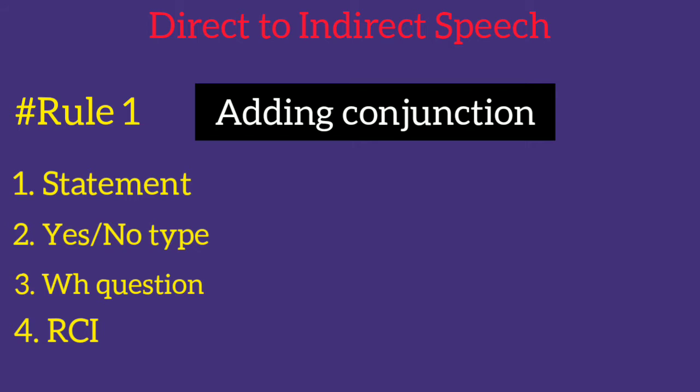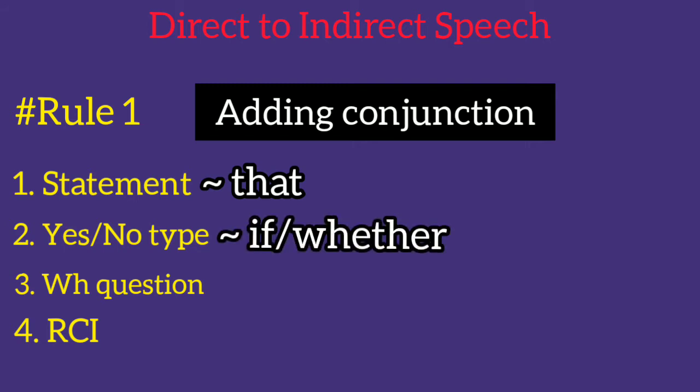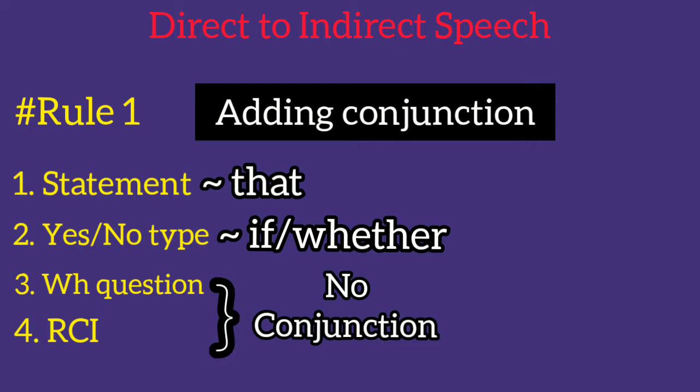In the case of statement, you have to use the conjunction that to join the reporting and reported part. Whereas in yes or no type, the conjunction if or whether should be used. And there is no conjunction for WH question and RCI.